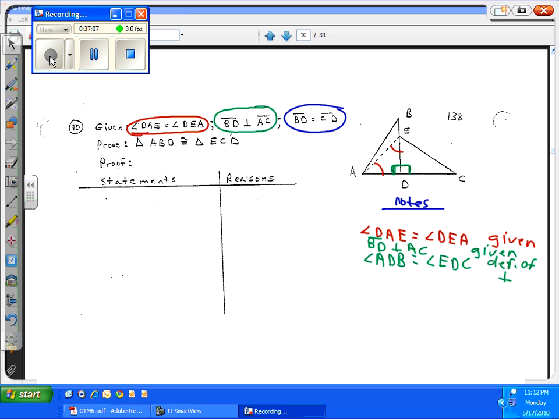BD, that's the whole thing from here to here. I'll put one mark in it, is equal to CD. Excuse me, that's from here to here. I'll put one mark in it. BD equals CD, reason given.